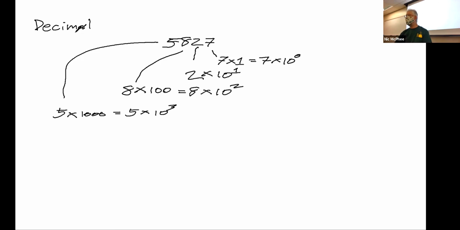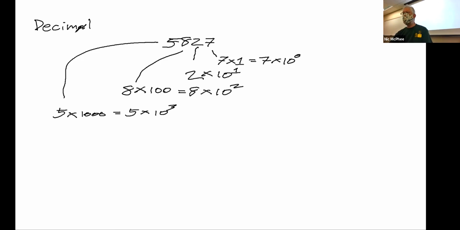We probably do decimal just by the accident of having 10 fingers. If we had 8 fingers, we'd probably use octal, which is the fancy name for base 8. If we had 12 fingers, I think it's duodecimal, is the fancy word for base 12. I don't actually know. If we had 16 fingers, we'd use hexadecimal, which is the fancy word for base 16.